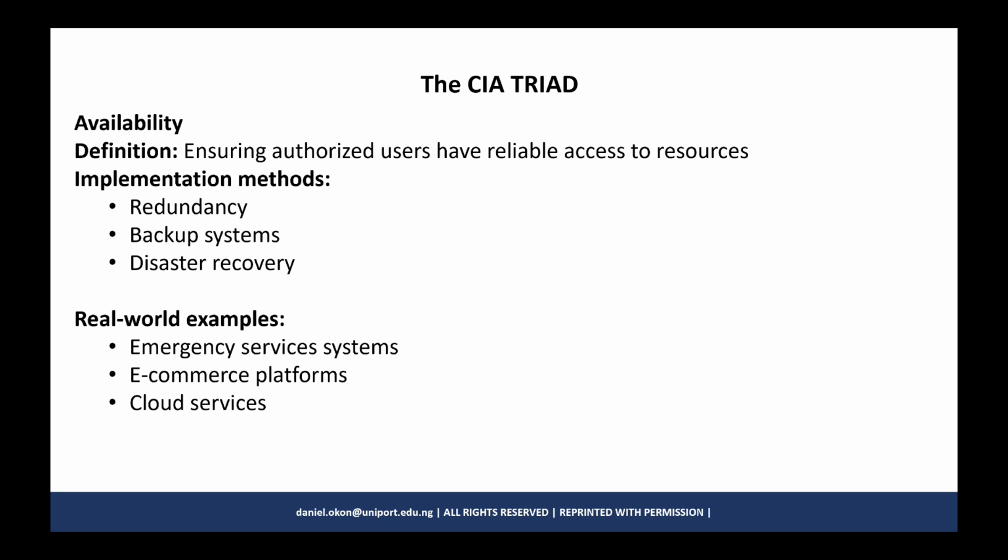Availability also means that you must have a data recovery plan. Remember, in the first class, I made mention of data recovery as a career path. Those that were available in that first class will remember.